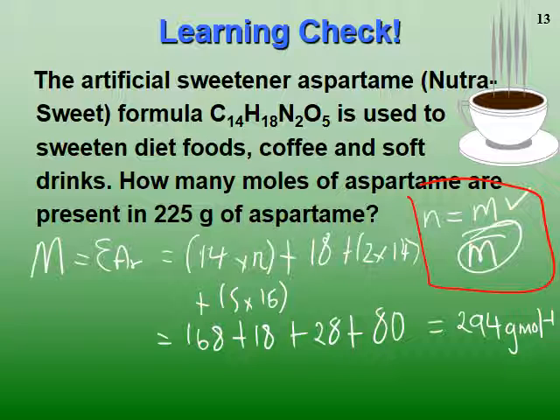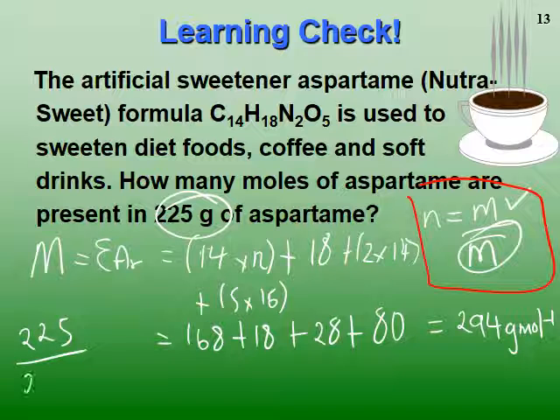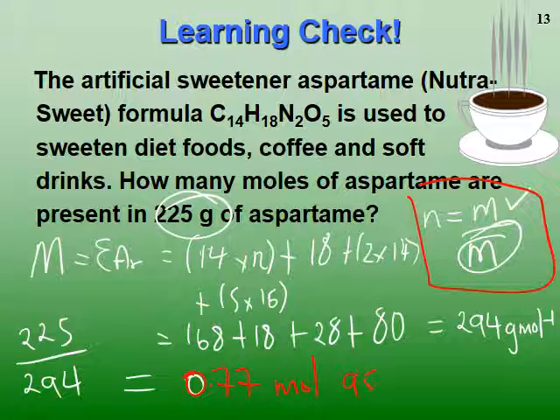So it's going to be 225 divided by 294, which equals 0.77 mole of aspartame.